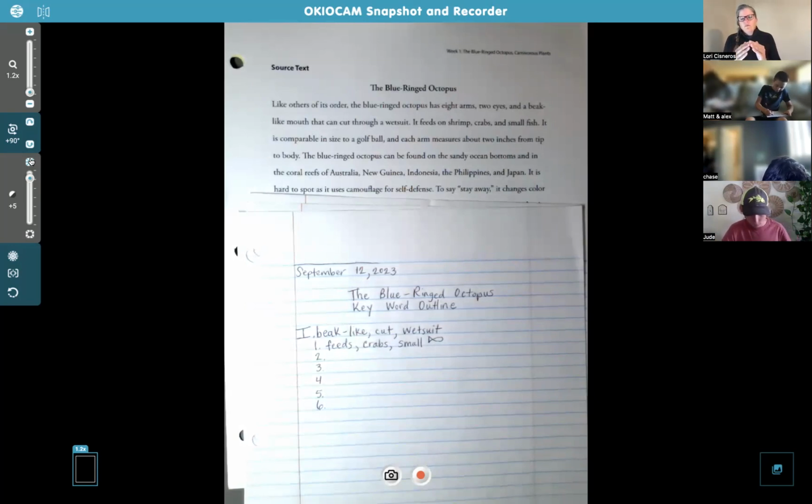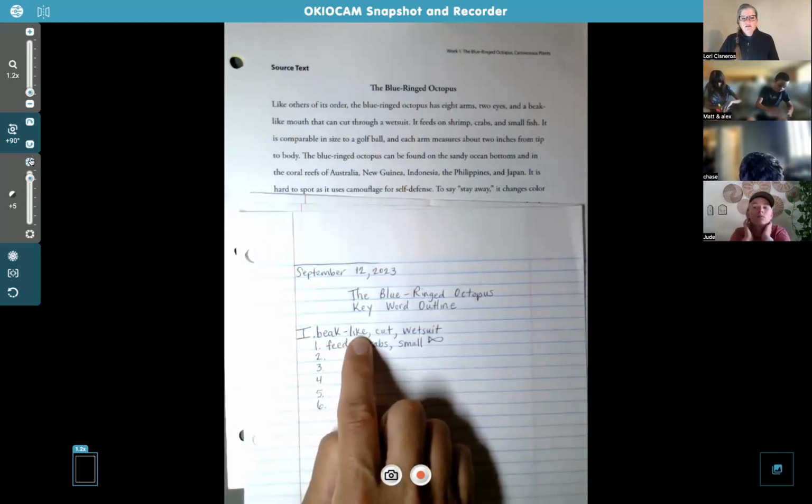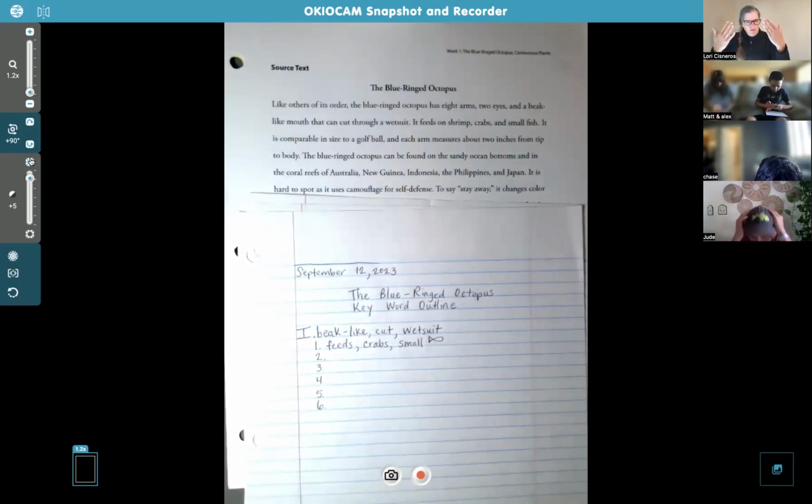So you want to get the most important words out of each sentence to put in your outline to help you remember what it was about. An example of not a keyword would be a word like and, or a, or the, or was. Those words are not key. Words like beak-like and cut and wetsuit, that will trigger our memory of what that sentence was about.